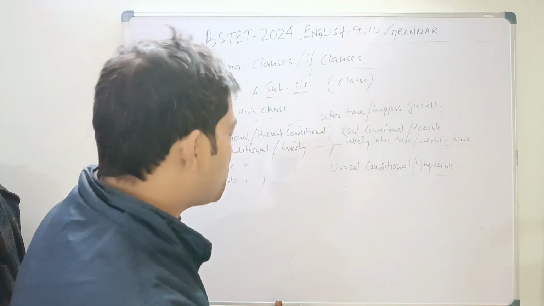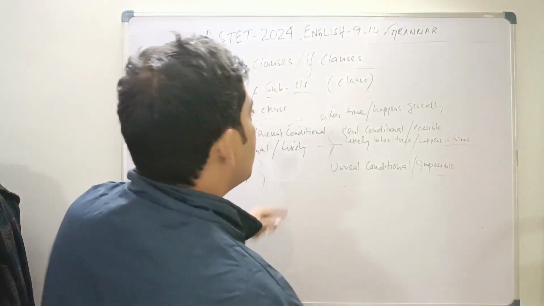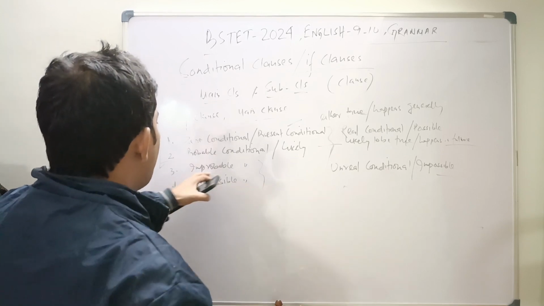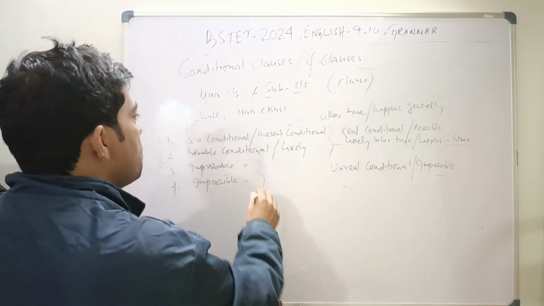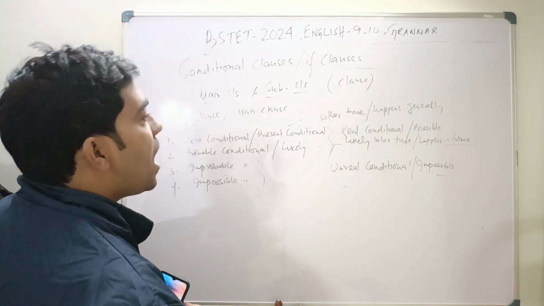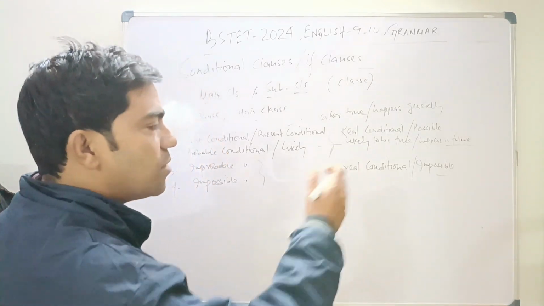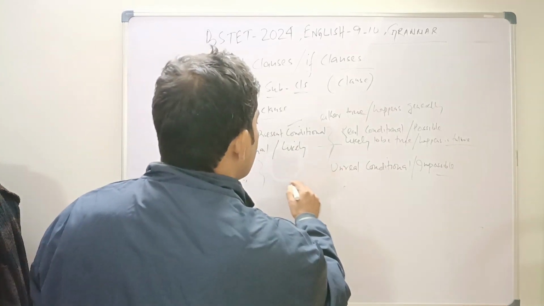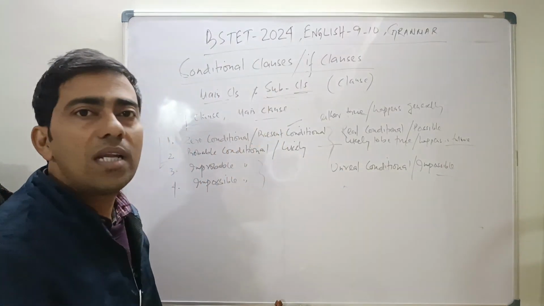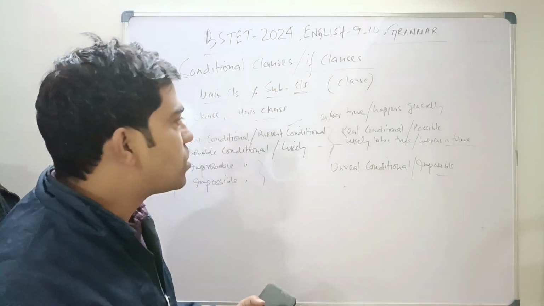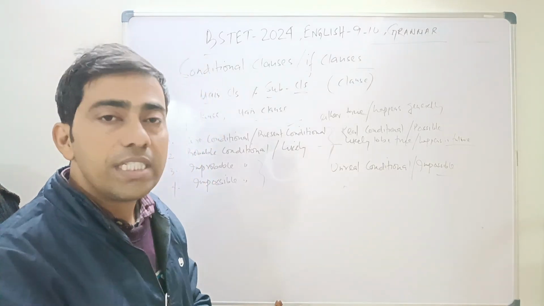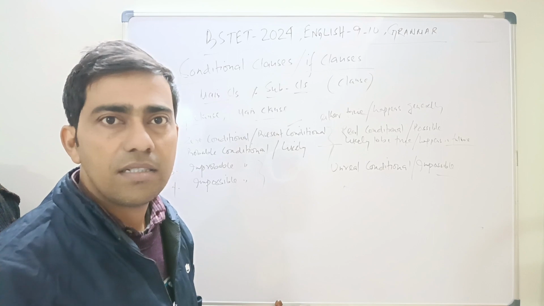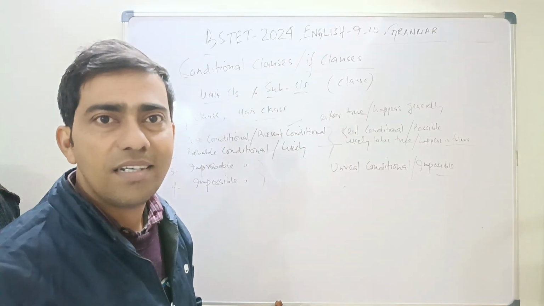Got it? The improbable and impossible clauses are unreal conditional or impossible clauses. In what sense? Because they are totally unrealistic, totally hypothetical, creating a situation which is not likely to happen in the near future or far future.